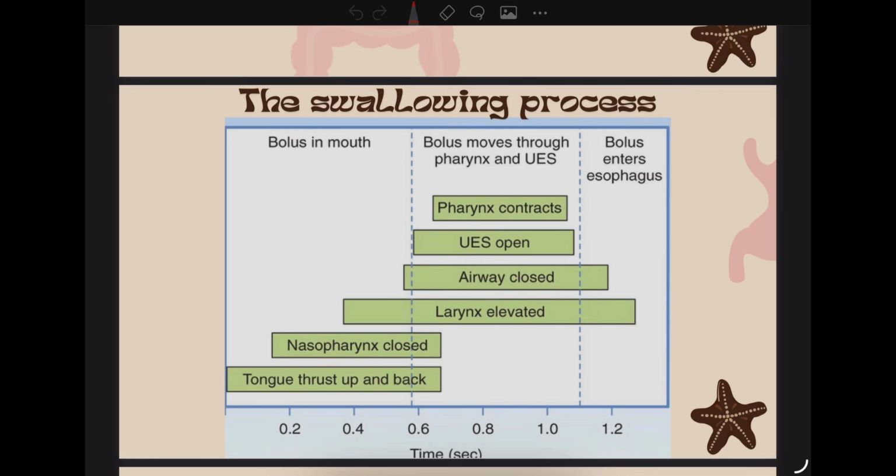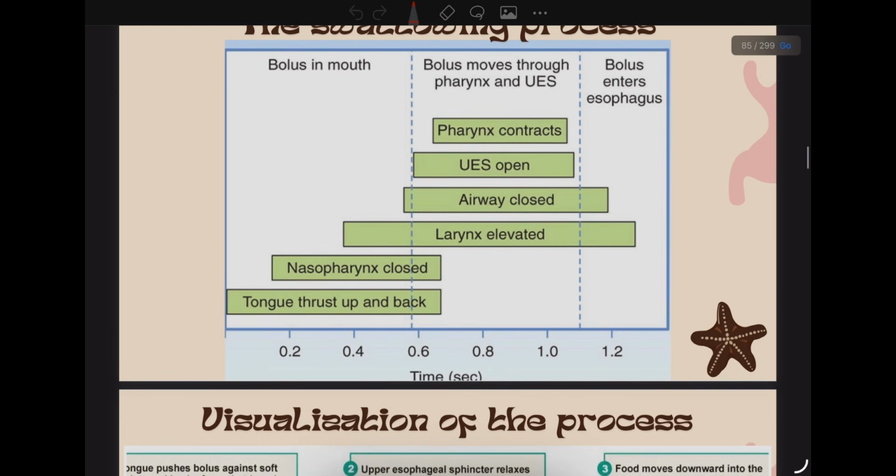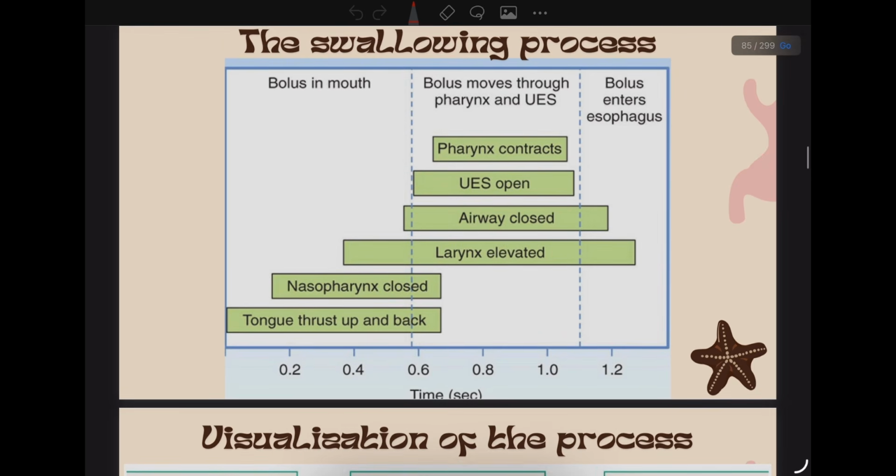What's happening while you're swallowing is that there is a voluntary part that you have control over, and there is an involuntary part that you do not have control over. While the food bolus is still in your mouth, you have control. So what happens here when you want to swallow? You see your tongue pushes the food back, and the nasopharynx closes. Why would the nasopharynx close?